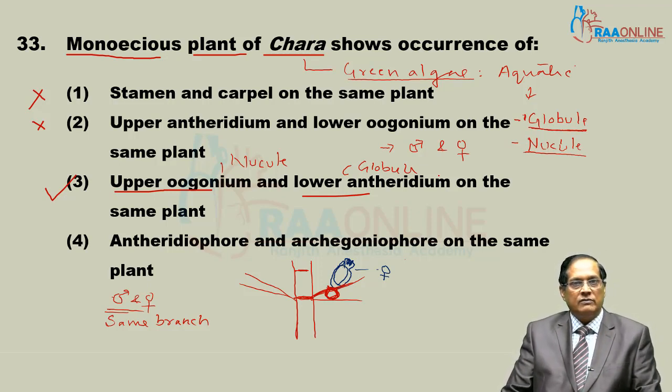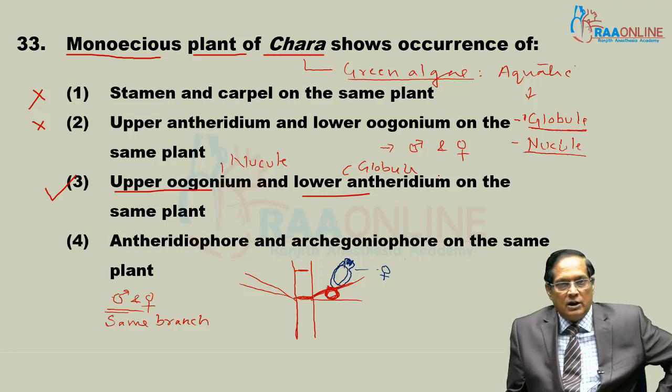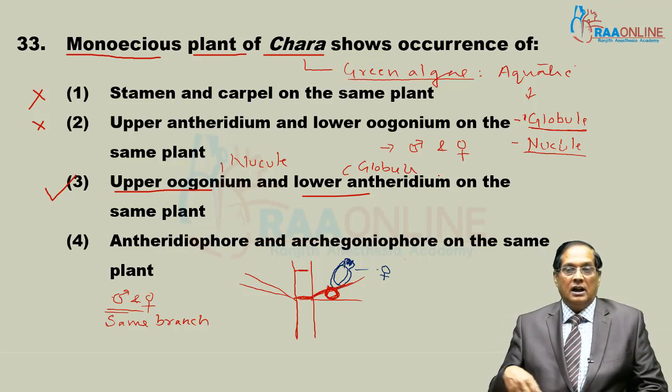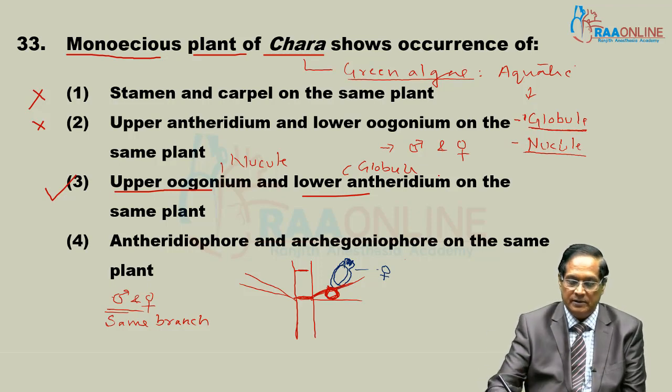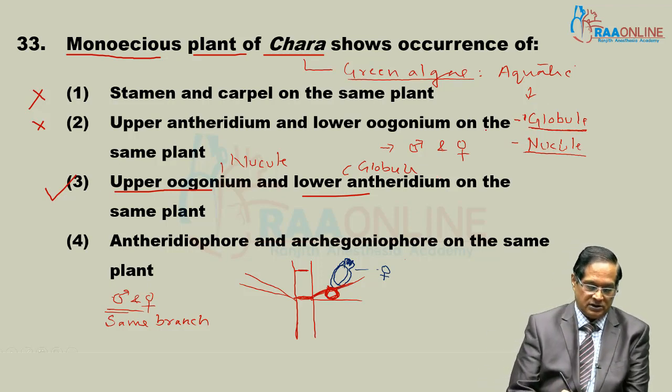In NCERT, one more plant is given along with Chara, that is Marchantia. It's a bryophyte. Chara is a green alga. One speciality of Chara is that its reproductive structures are multicellular and jacketed, covered by jackets.